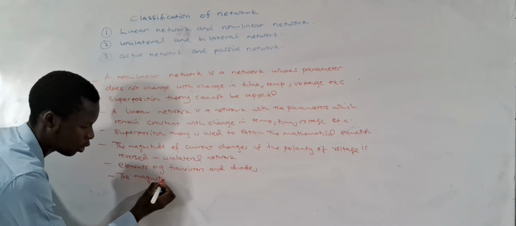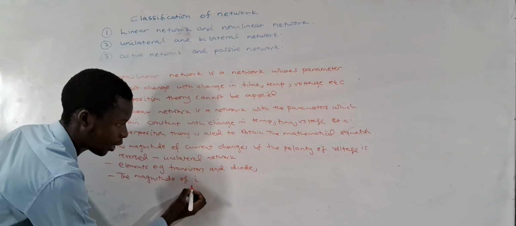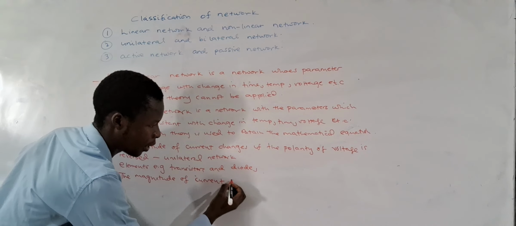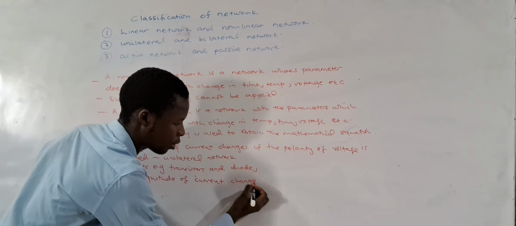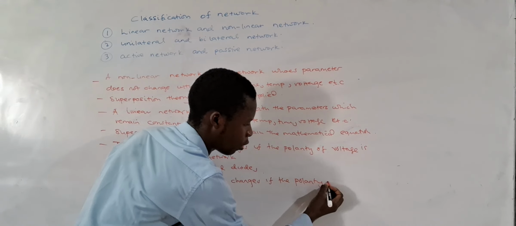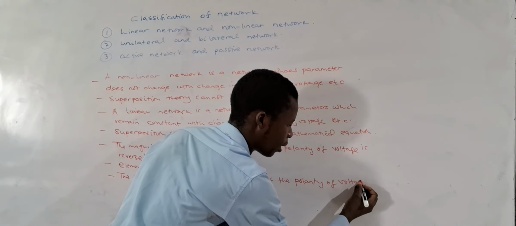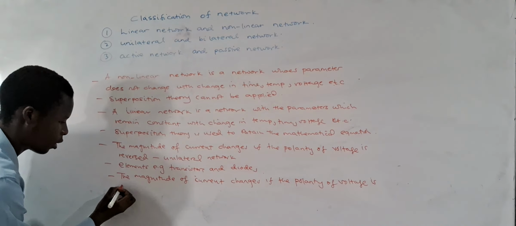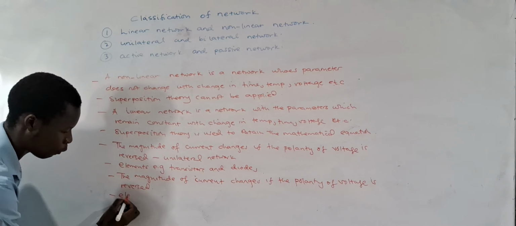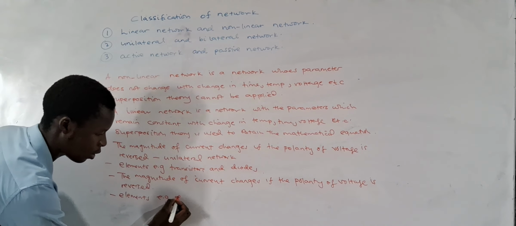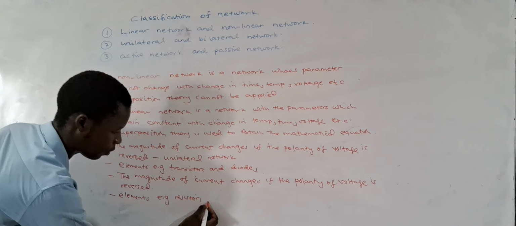The magnitude of current, okay, let me write in full. Current does not change if the polarity of voltage is reversed. And this type of network contains elements such as resistors, right?